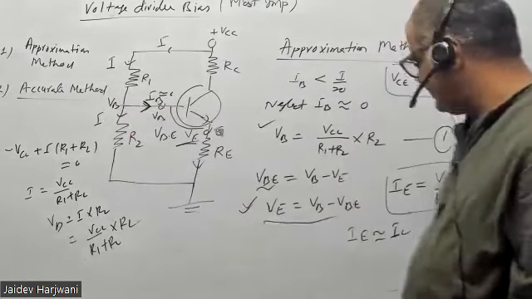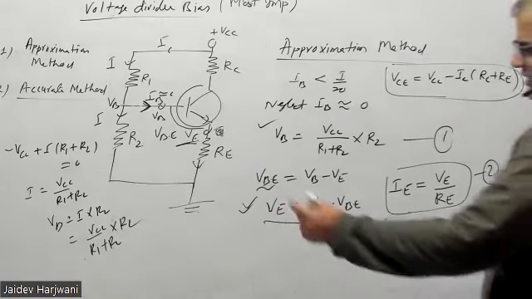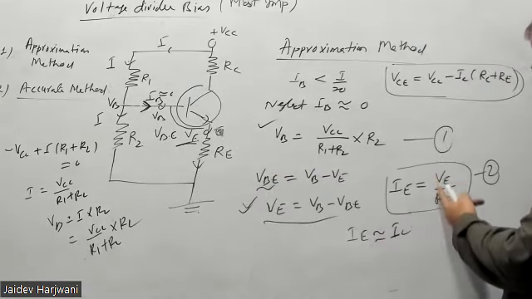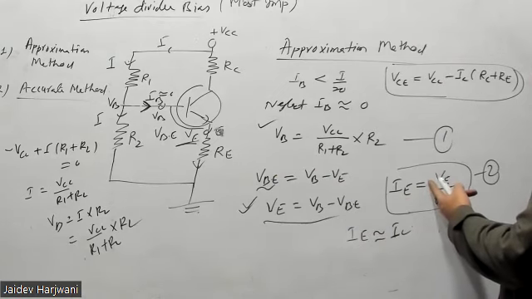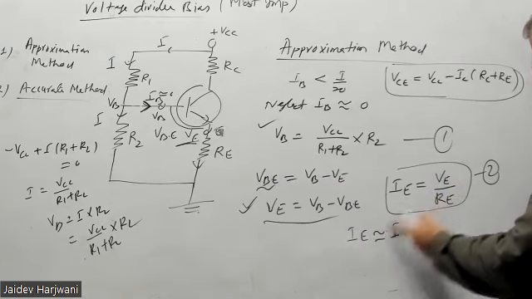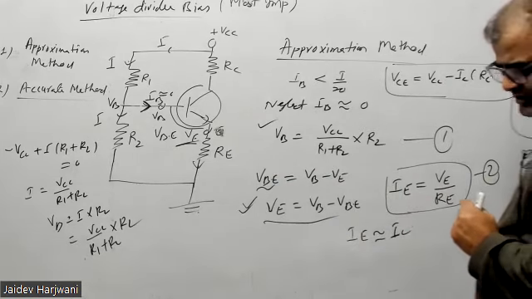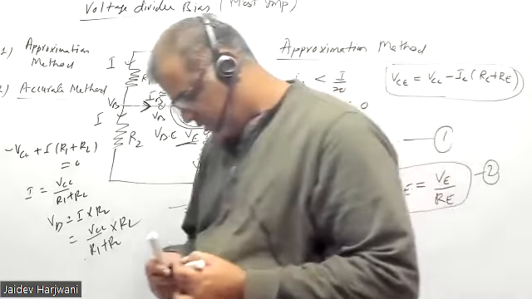If you know VB, you can find VE, and then you know IE, which is equal to IC. If you know IC, you can find VC. So this circuit becomes very simple.